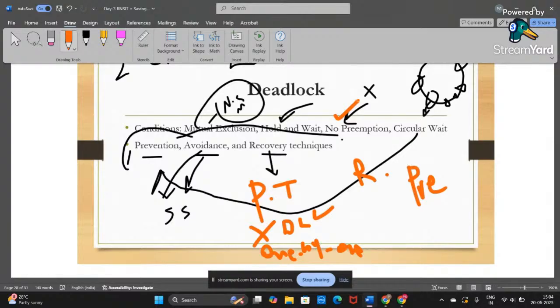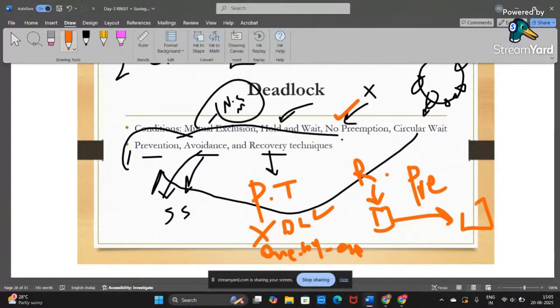Resource preemption means it takes the resource from one process and gives it to another process.